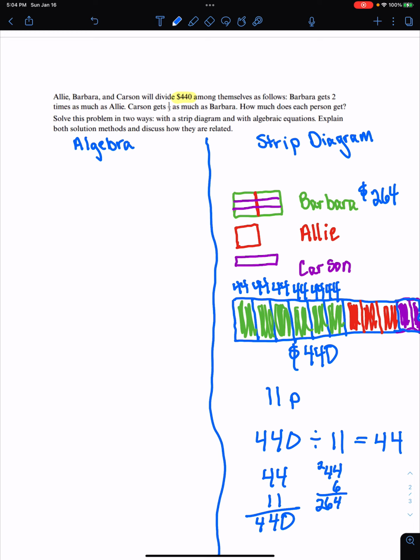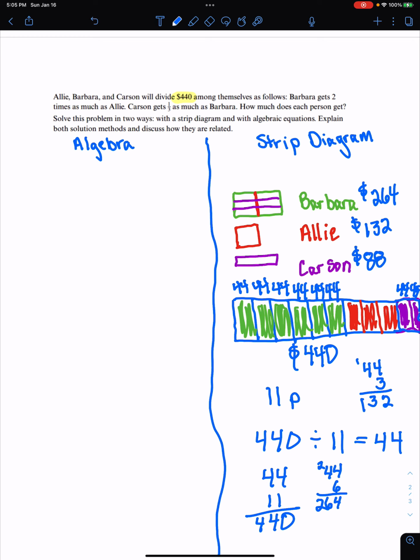So we could do this either way and see if we get the same answer, but we could do 44 times 3, 12, 13, 132, which actually happens to be half of 264. 2 divided by 2 is 1, 6 divided by 2 is 3, and 4 divided by 2 is 2. So we can check it either way. And then Carson gets 2 pieces that are $44 each. And 2 times 44 is $88.